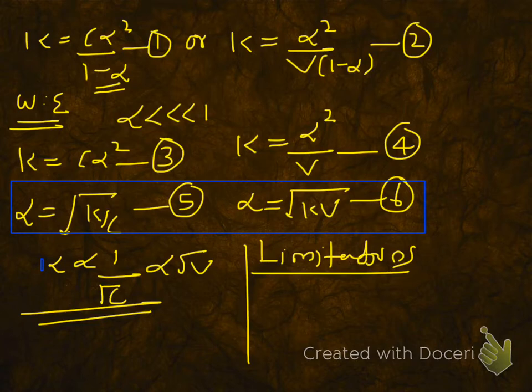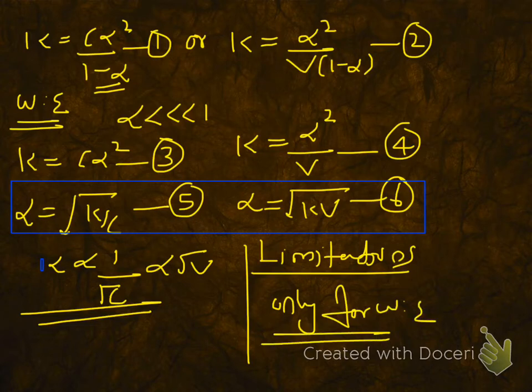It can be applied only for weak electrolytes. Actually, the problem was not with Arrhenius. The real problem was the theory from which this Ostwald dilution law has been derived.